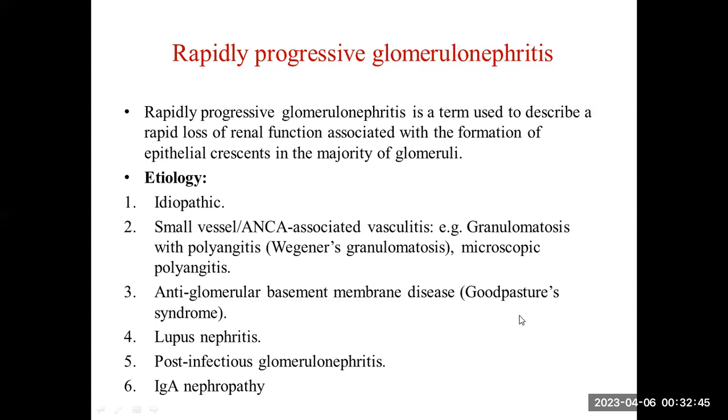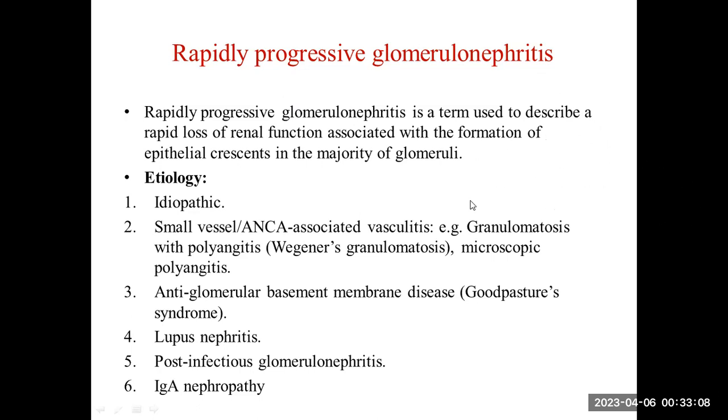first you try to provide supportive therapy for AKI, and then the specific treatment for rapidly progressive glomerulonephritis, whatever the cause, is to give pulse steroid therapy, high doses of IV steroid, IV methylprednisolone, in combination with IV cyclophosphamide, plus or minus plasma exchange.